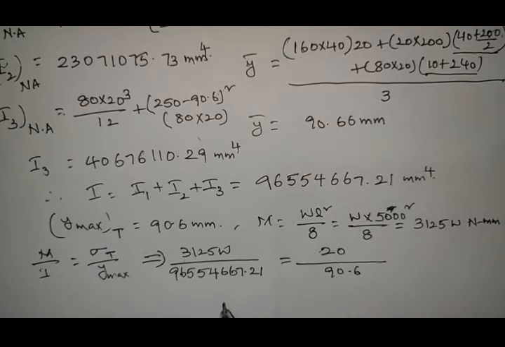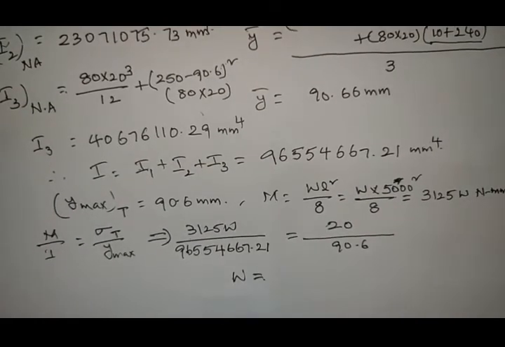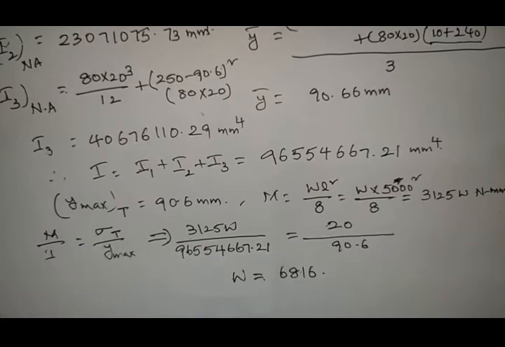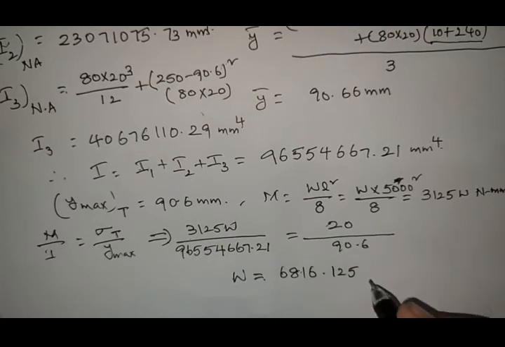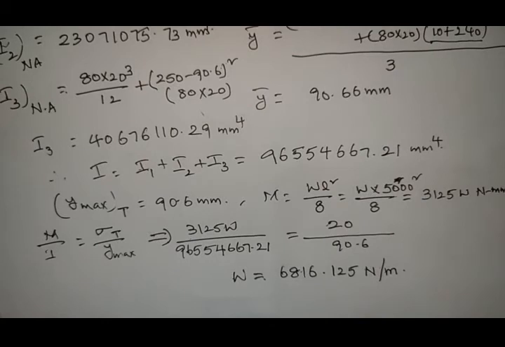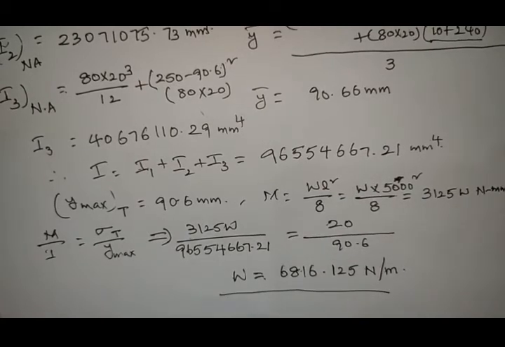If you solve this expression, you will get W. So W equals 6816.125 Newton per meter. So this is the weight acting on this I section for the tensile stress, right?